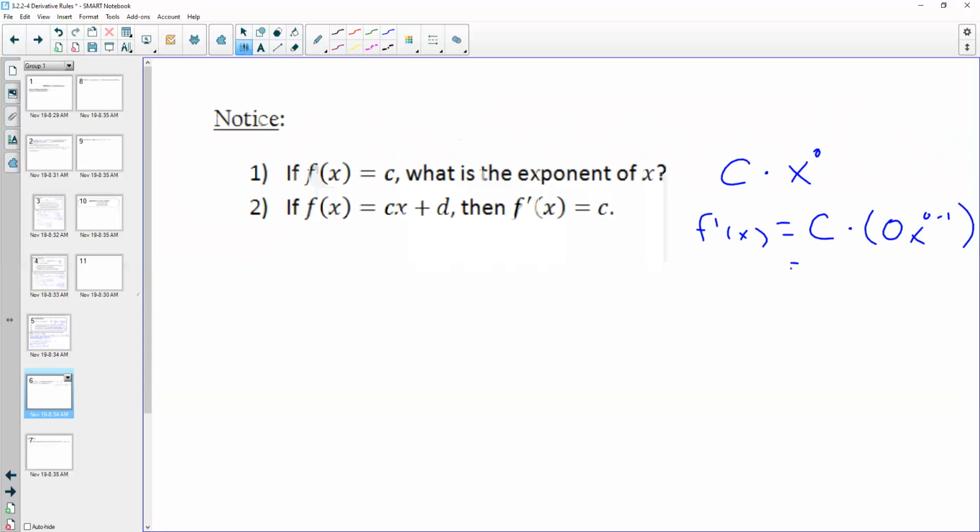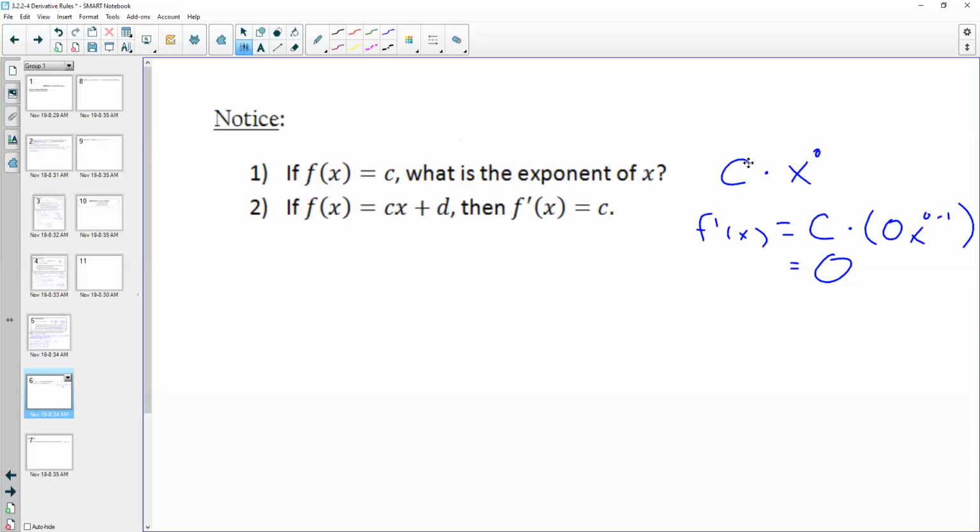So is this going to equal 0? If you're taking the derivative of a constant, just note that the exponent of x is x to the 0. Okay.